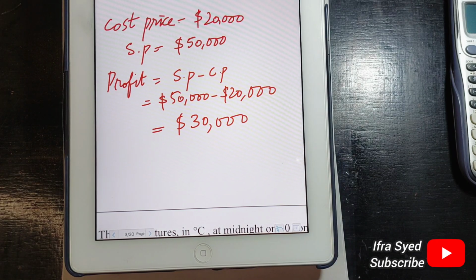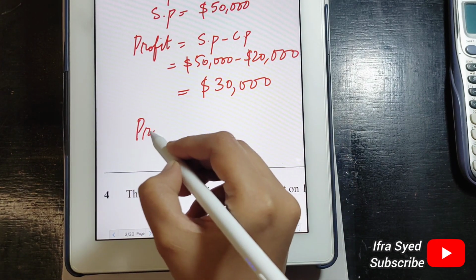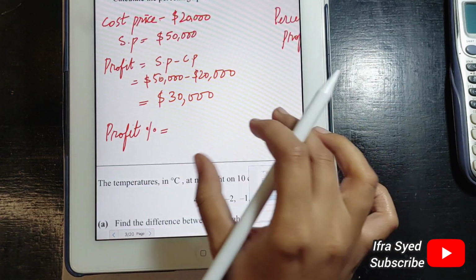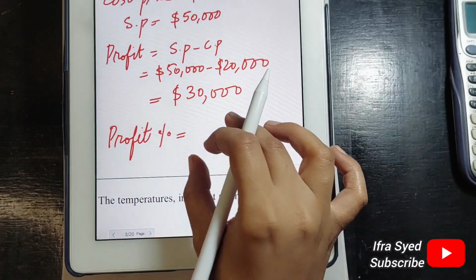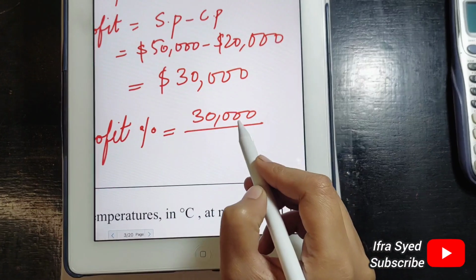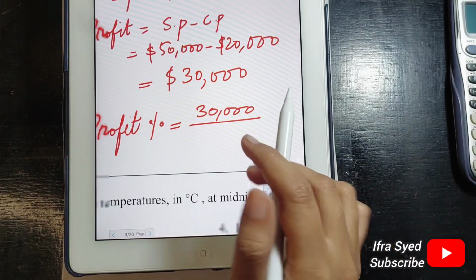Now we need to find its profit percentage. Profit percentage is equal to, we use this formula, profit divided by cost. So our profit is 30,000. So 30,000 divided by cost price.